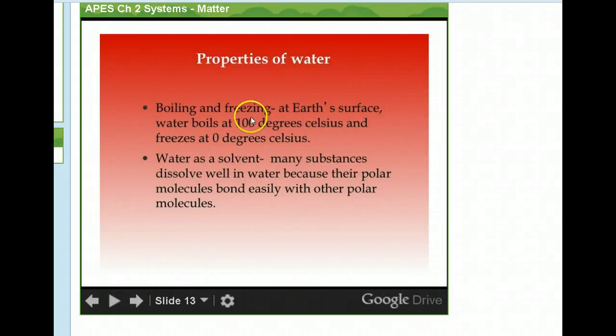Remember the boiling and freezing points of water. These two nice numbers help us stay as living humans, because the temperature of the Earth is perfect for us to stay within these two temperature ranges and keep us from getting hurt.